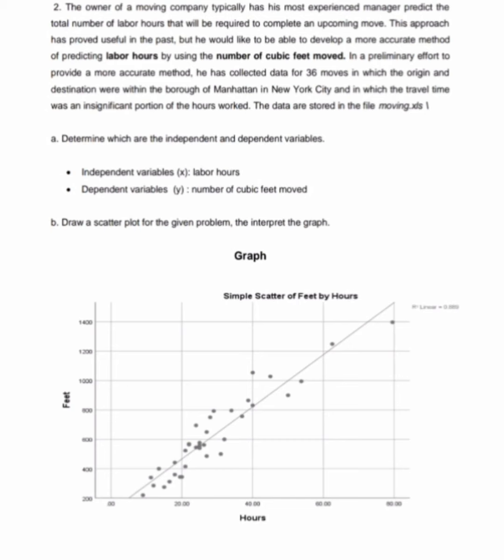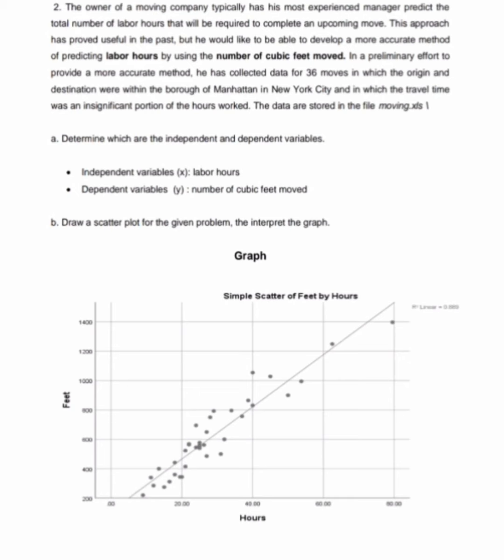The owner of a moving company typically has his most experienced manager predict the total number of labor hours that will be required to complete an upcoming move. This approach has proved useful in the past, but he would like to develop a more accurate method of predicting labor hours by using the number of feet moved in a preliminary effort.